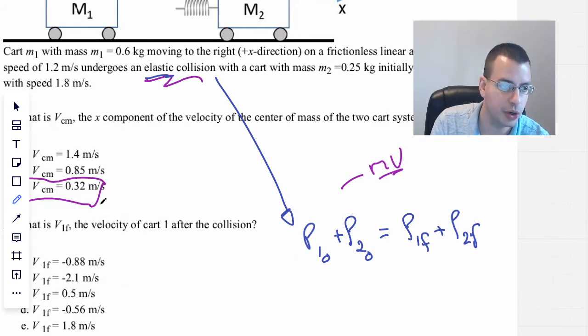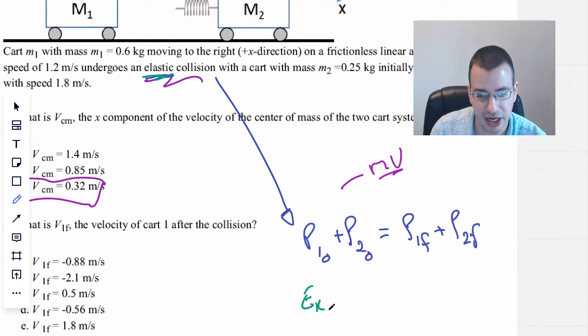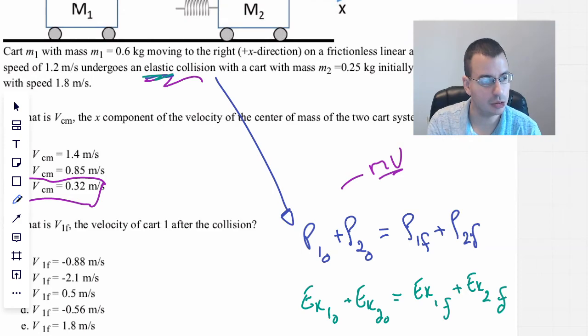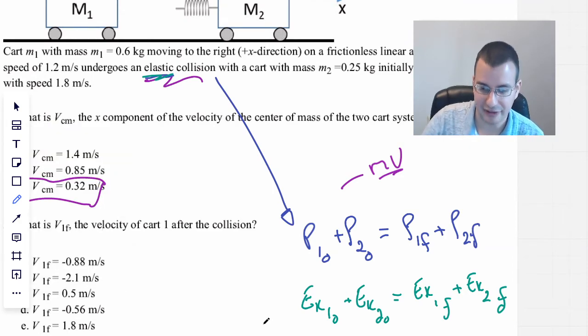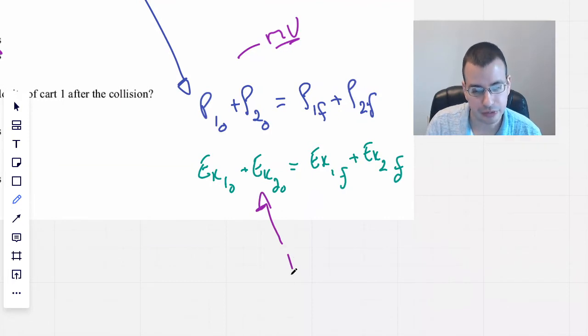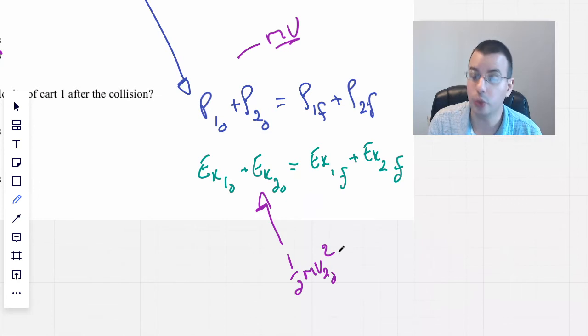We also have another equation because we know we have an elastic collision: kinetic energy 1 initial plus kinetic energy 2 initial equals kinetic energy 1 final plus kinetic energy 2 final. These will be of the form 1/2 mv squared, so 1/2 m v2 initial squared.